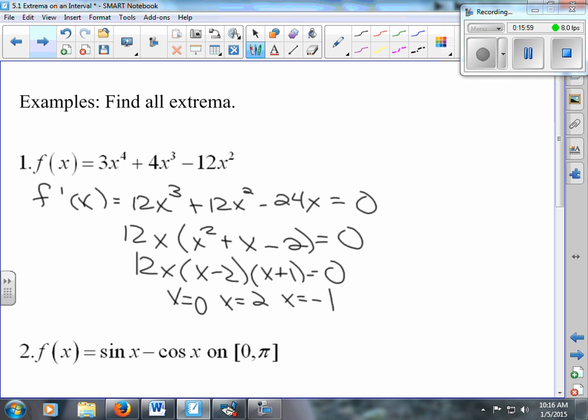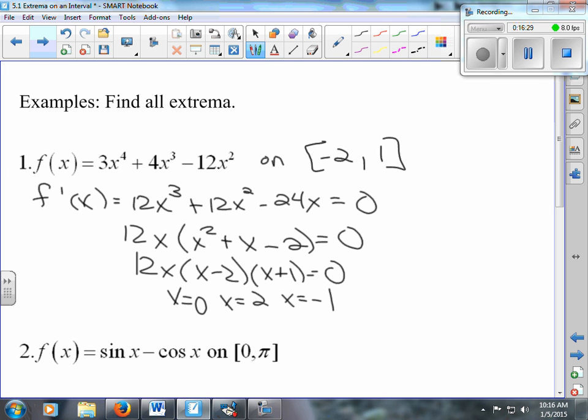Okay, now in this specific example, by the way, I don't have endpoints. I don't think that that's going to be true in general for your homework. So I'm going to change this and give us endpoints. So let's do this on the interval negative 2 to 1. Okay.